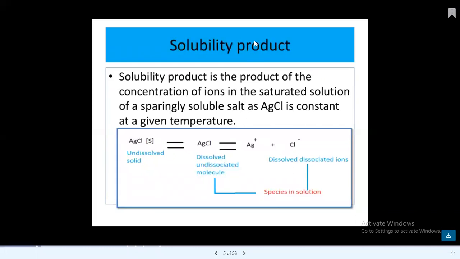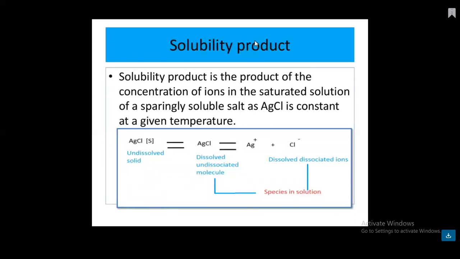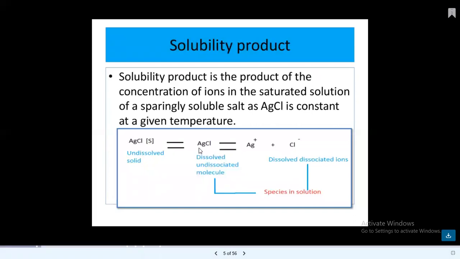Now the solubility product is very important here, because we need an insoluble or stable form of silver chloride. How is it stable?